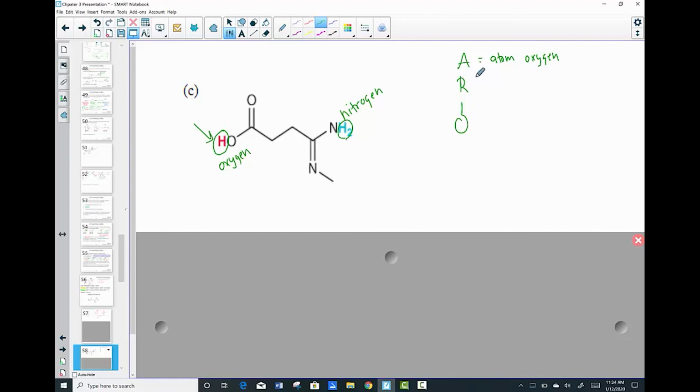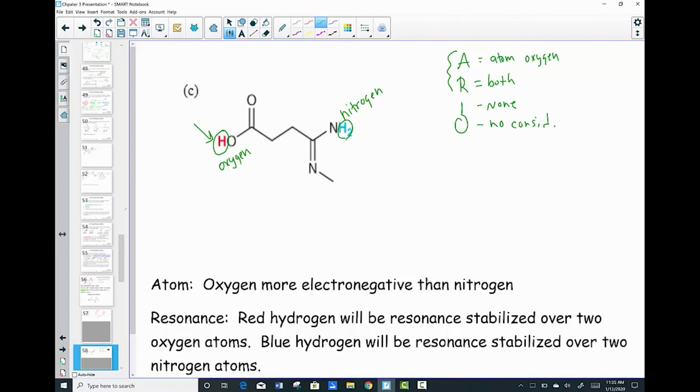Both exhibit resonance and there is no inductive effect, so I'm just going between A and R. Both exhibit resonance, there is a pi bond in the adjacent carbon, so that is a delocalized set of electrons, but that's the same for both. And if I'm comparing which atom can stabilize an electric charge, you want to pick the more electronegative element, and that would be the oxygen.